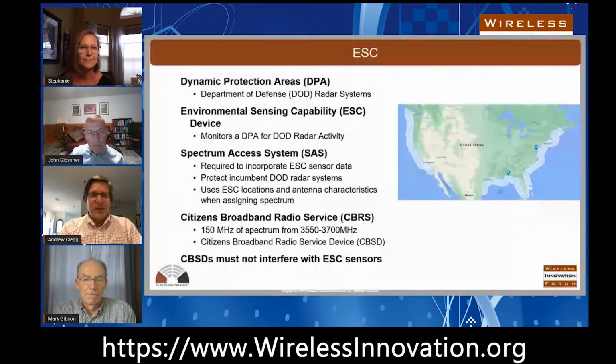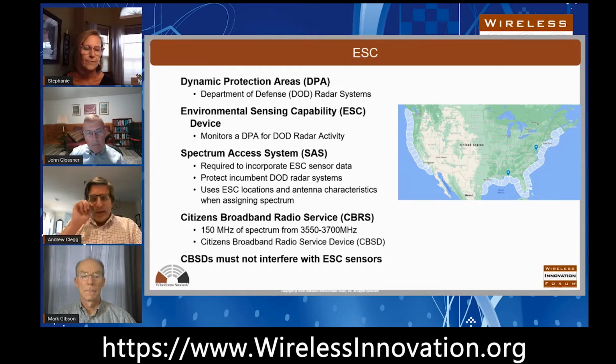Good question, Stephanie. So as some of you may know, in the Citizens Broadband Radio Service, we share the band with the Navy's radar system that mostly operates on ships out in the ocean. As part of our deal with the government and with the DoD, we have to protect those radars from interference caused by CBRS.